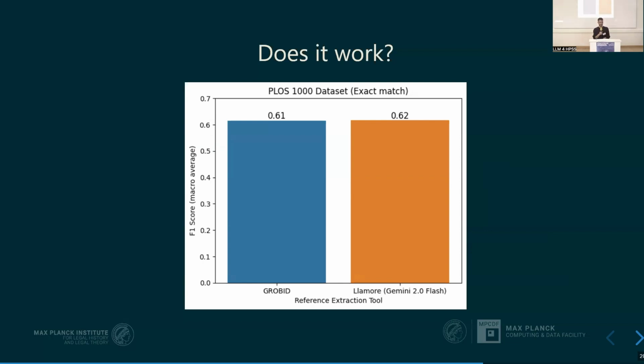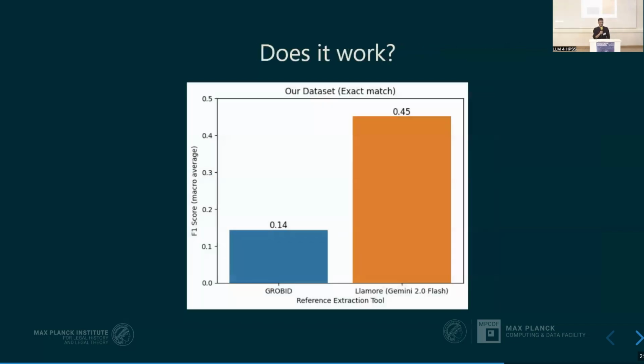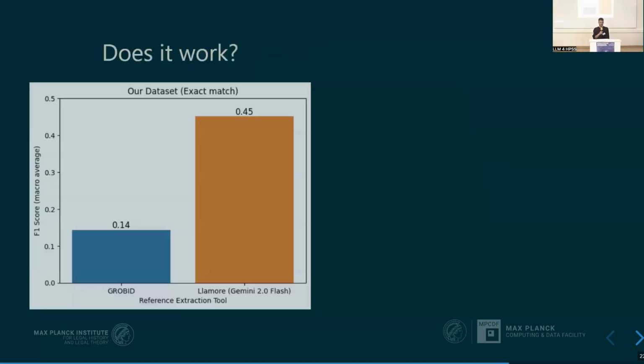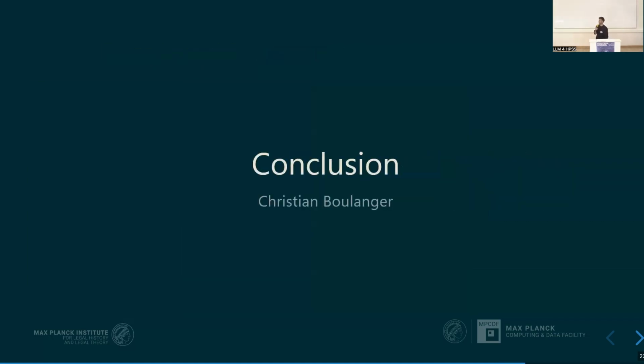Grobit was trained on parts of these kinds of journal articles, but of course, if you take into account efficiency and resources, Grobit is far superior because in Gemini, the amount of compute is orders of magnitude larger than Grobit. However, if we go to our dataset, Grobit really struggles to extract the references, and we see that our approach performs significantly better.